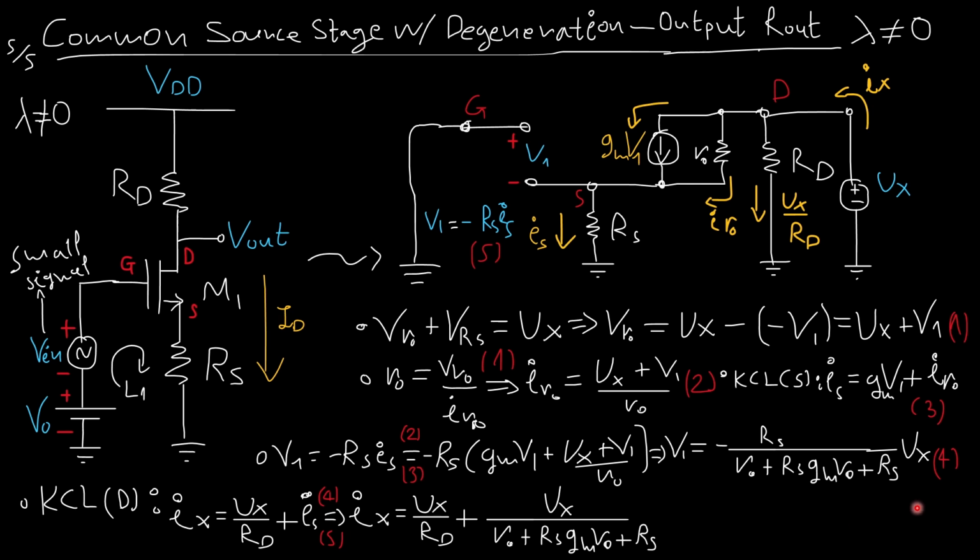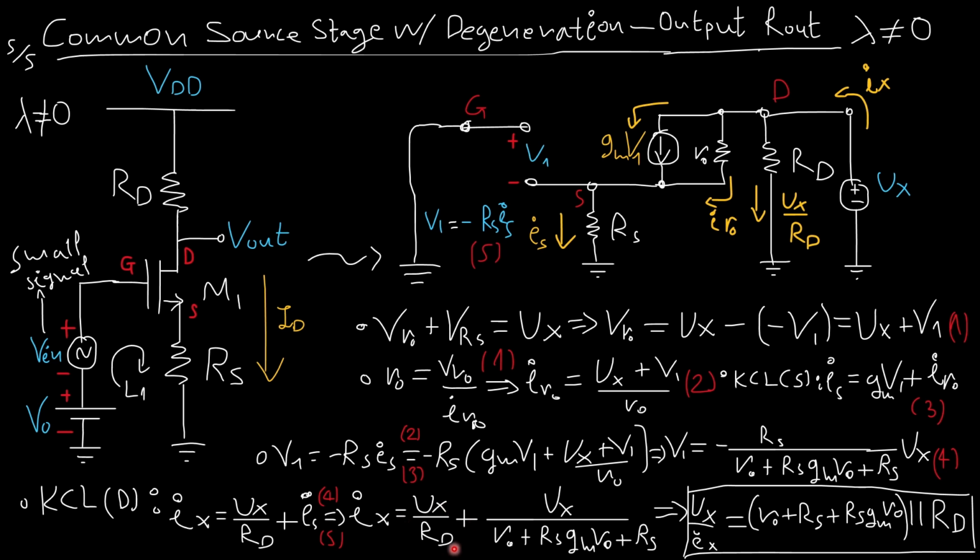And if I replace the equation 5, I go to here and I say that Is is equal to minus V1 over Rs. And how much is V1? It's this value here. So I replace everything and I get this result for my Ix.